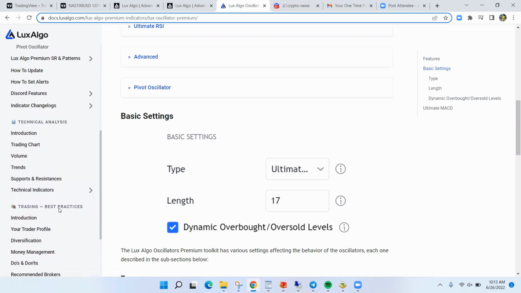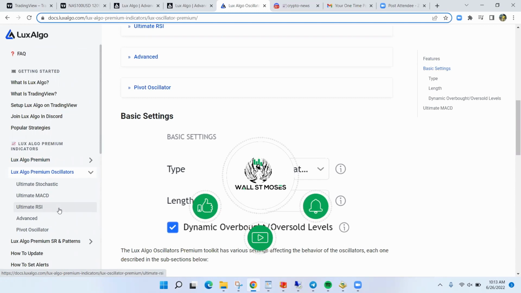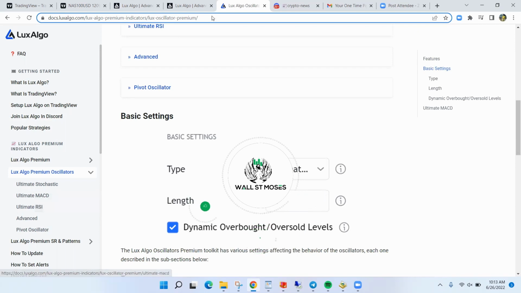So a lot of different resources. That's why I believe Lux Algo is a great value when trading, because it doesn't matter what type of trader you are, or what type of things you trade, or markets you like to interact with. There is a part of Lux Algo that you can use and be very efficient with.